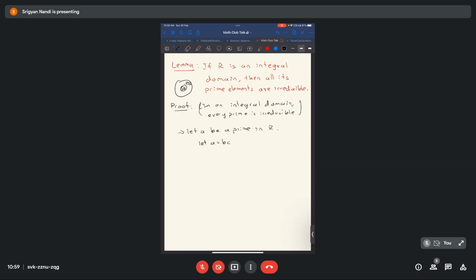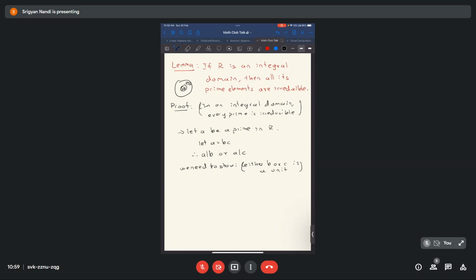Since A is a prime, we have A divides B or A divides C. We need to show that A is irreducible. So we need to show basically that either B or C is a unit, right?